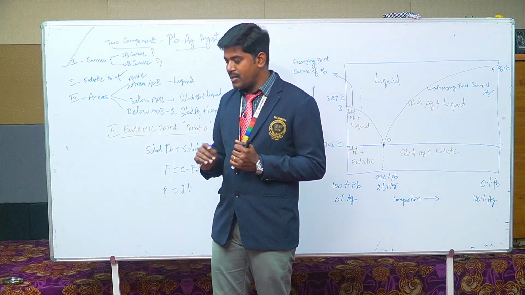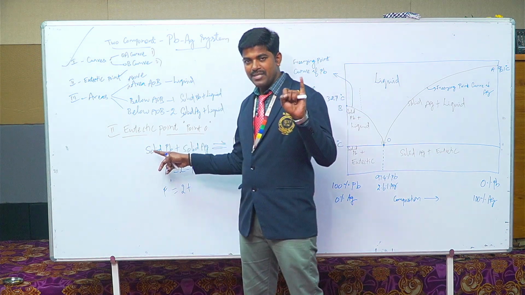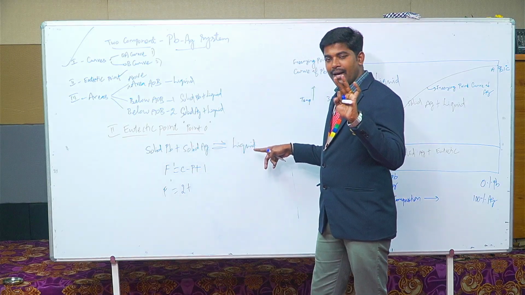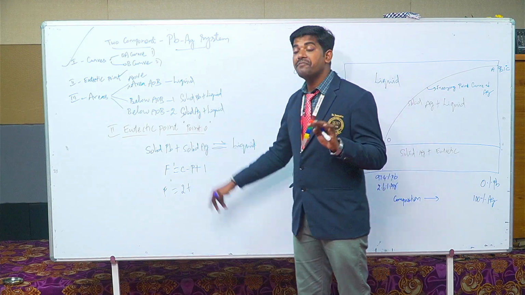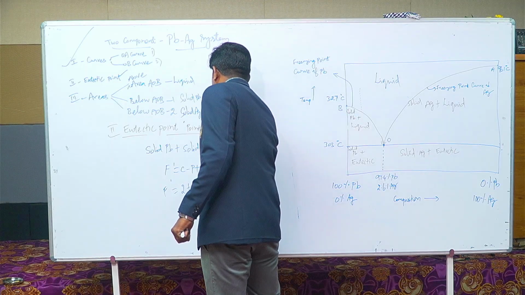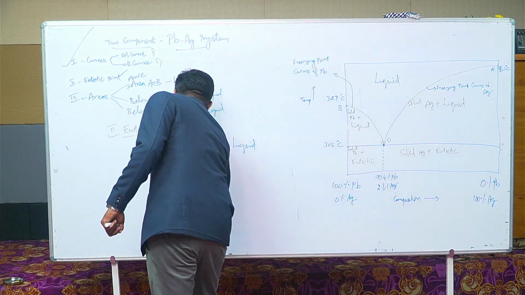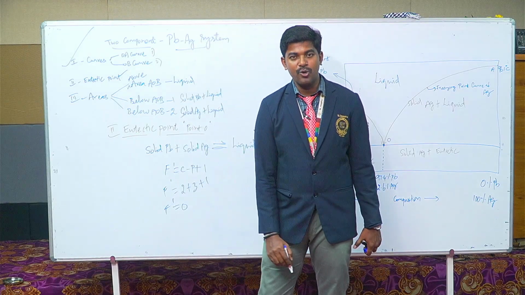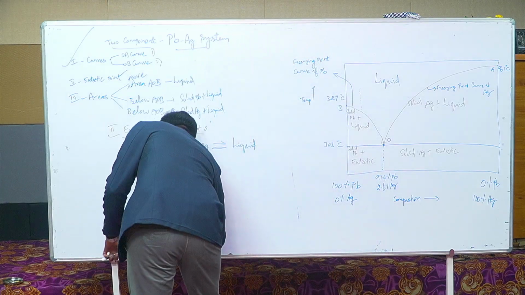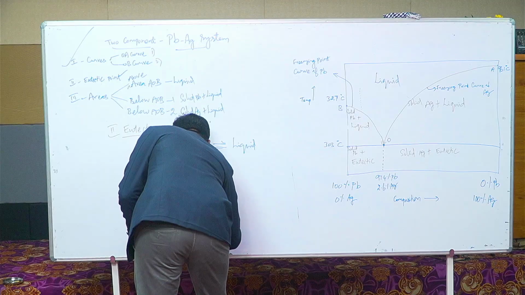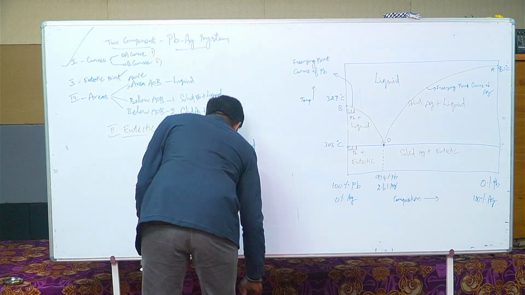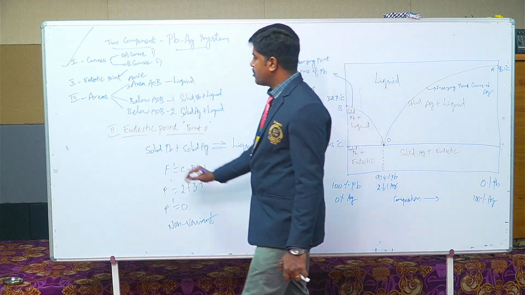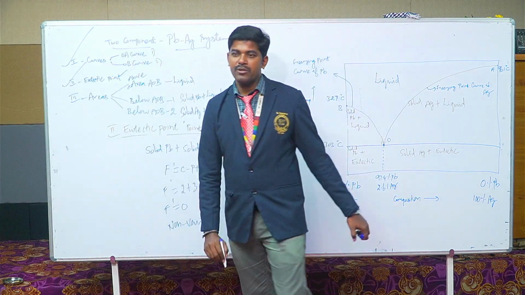So solid 1, lead, is phase number 1, solid 2, silver, is phase number 2, and the third one is the liquid. So 3 different phases are here. So the answer is 0, which means the number of degrees of freedom is 0 and the system is represented as non-variant. Now this part is also over.